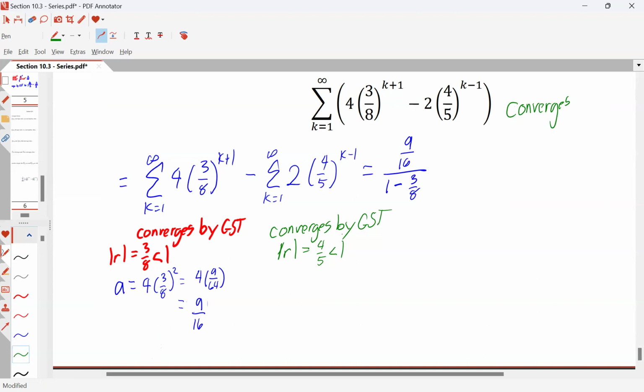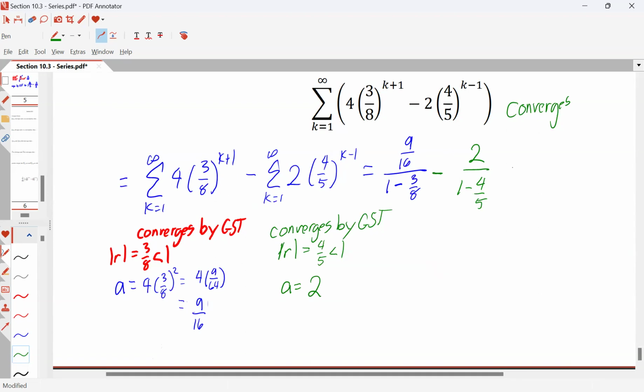The second one, r is 4/5. A, when I plug in 1 minus 1 is 0, a is just 2. So minus 2 over 1 minus 4/5.